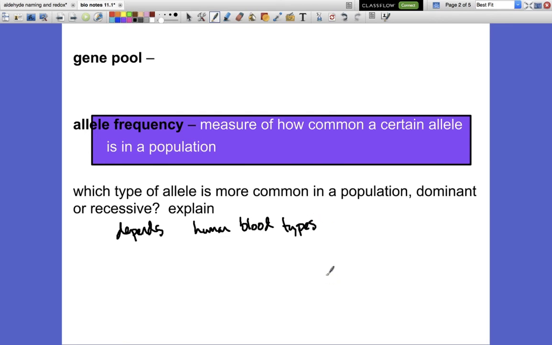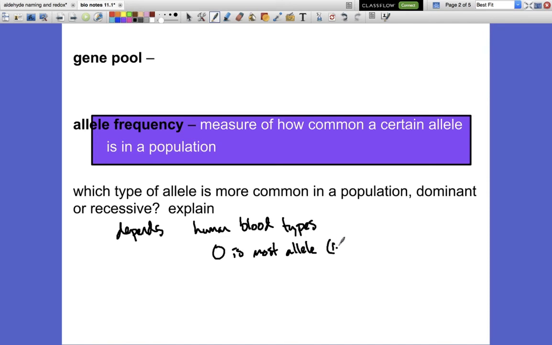I don't know if you remember me talking about this, but I told you that most of you have type O blood. And in that case, type O is the recessive trait. So O is the most common allele in our population, and it would have to be the most common allele in our population for that to be true.